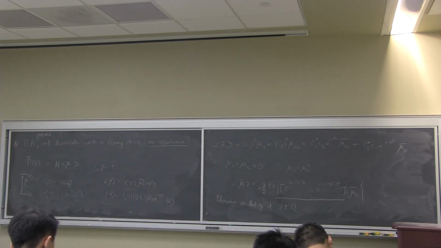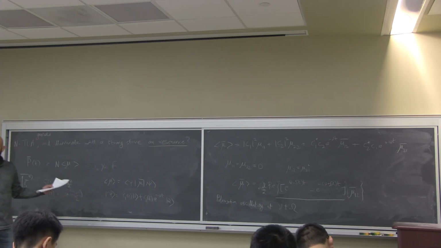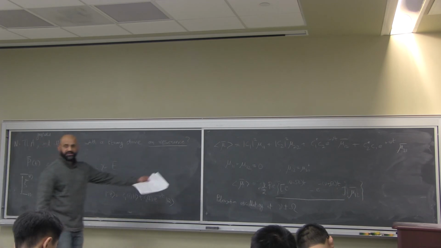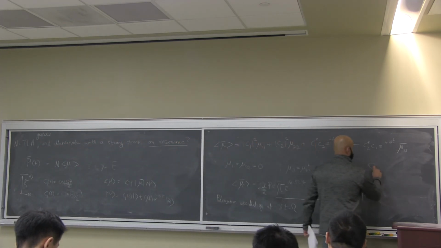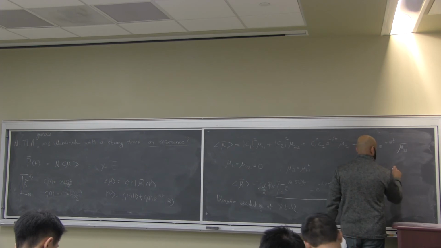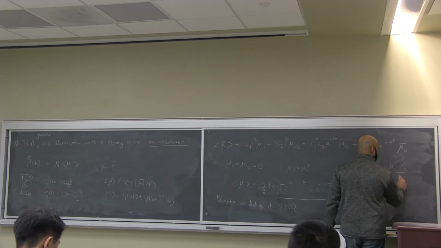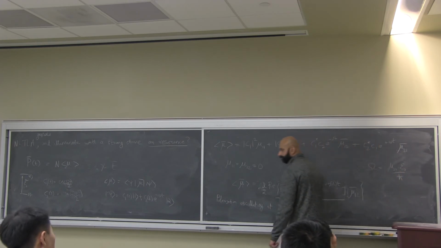And so when I try to re-express it in terms of the original E field, notice that omega depends on E. Remember, if you go back and look at your definition, omega is basically mu 1 2 times E naught divided by h bar, right?